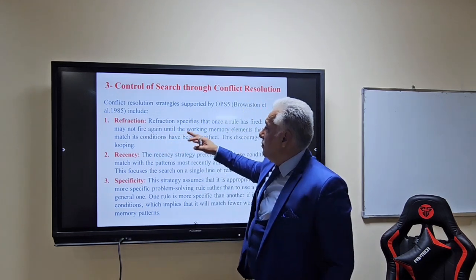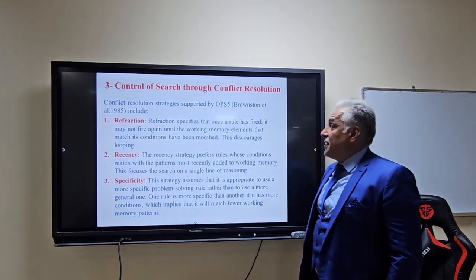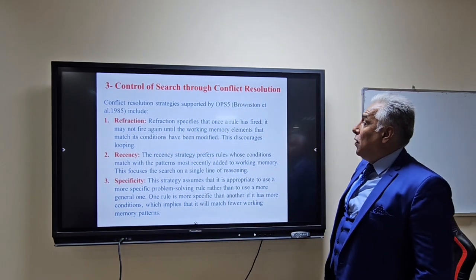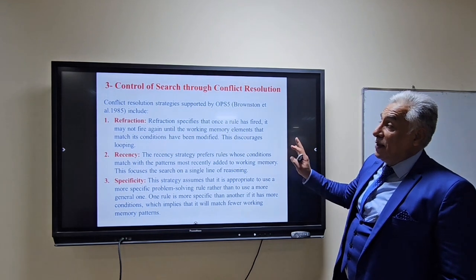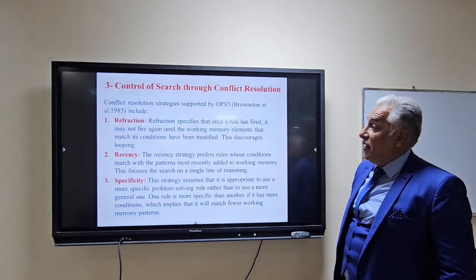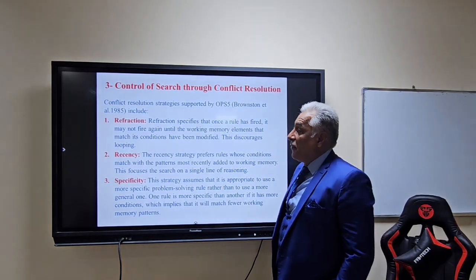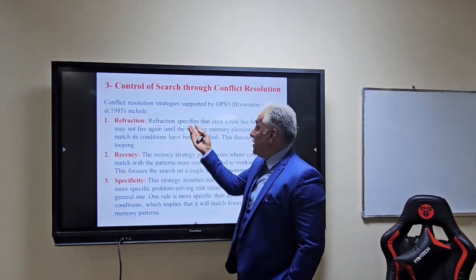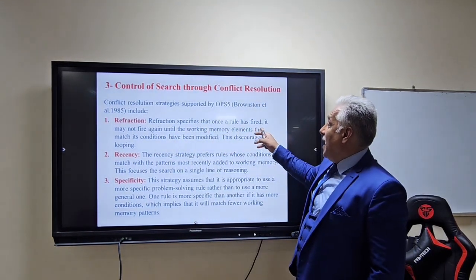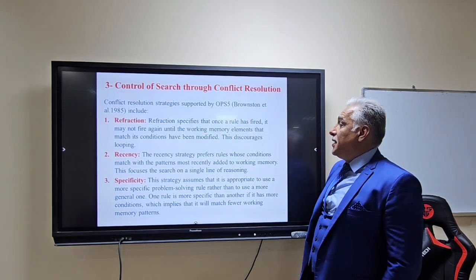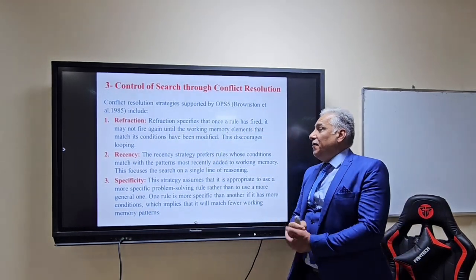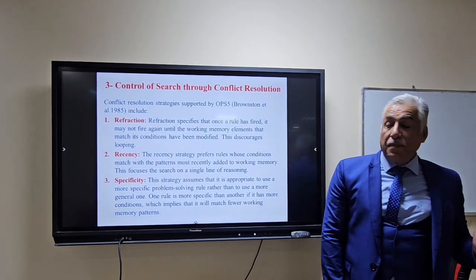There are some conflict resolution strategies supported by OPS5, Brownston et al. 1985, that include refraction. Refraction specifies that once a rule has fired, it may not fire again until the working memory elements that match its conditions have been modified.